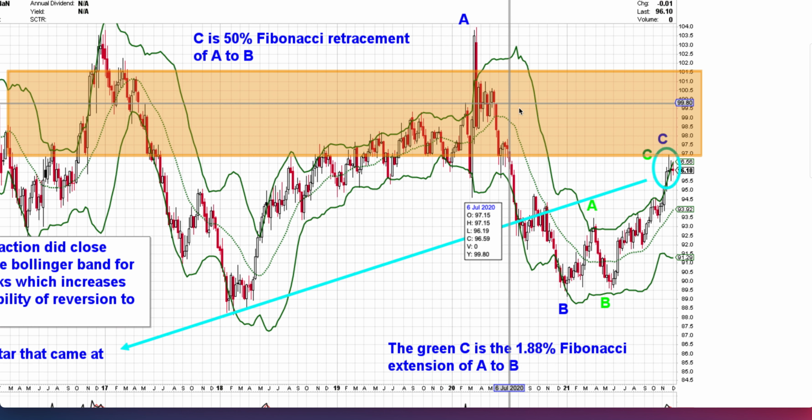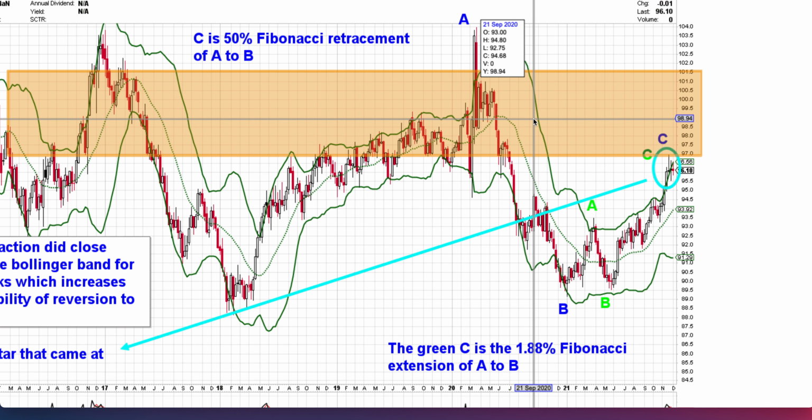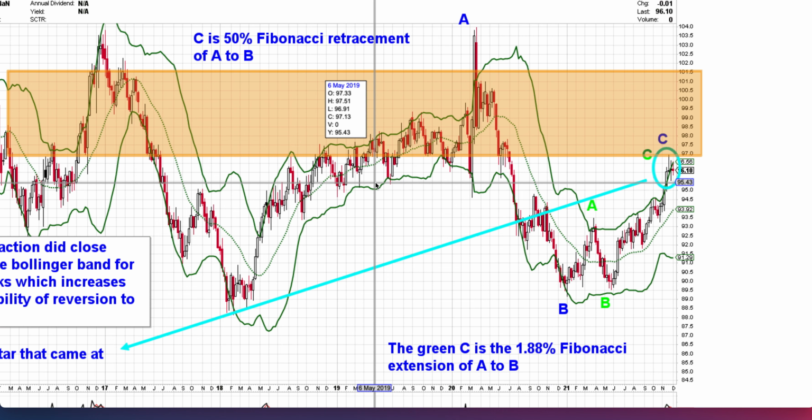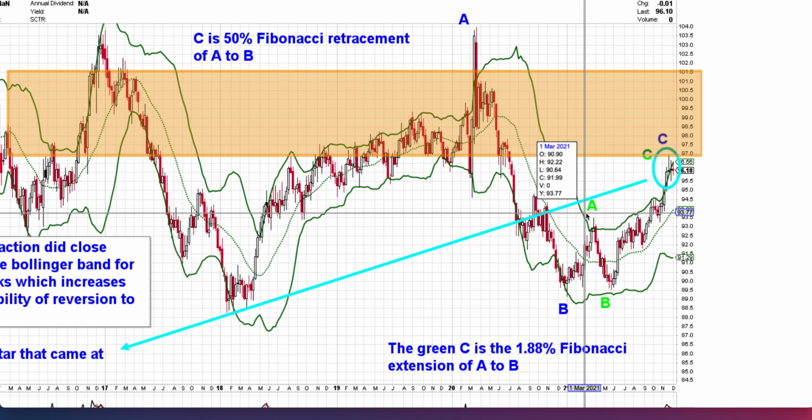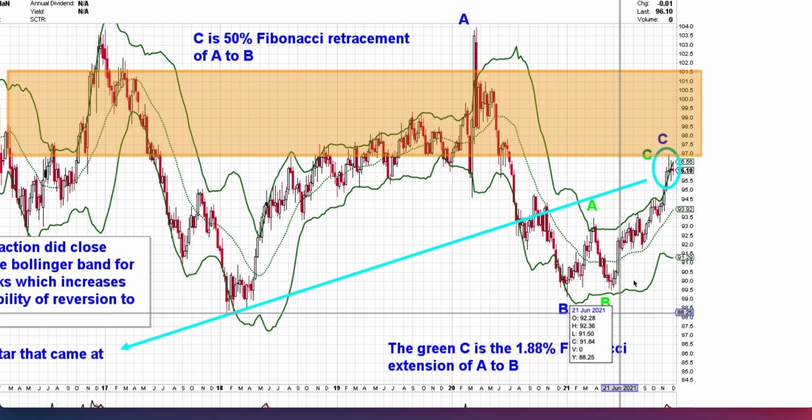So it's definitely where the sellers gather. It's definitely part of the efficient market theory, that at this time, this is what the market thinks about the dollar.